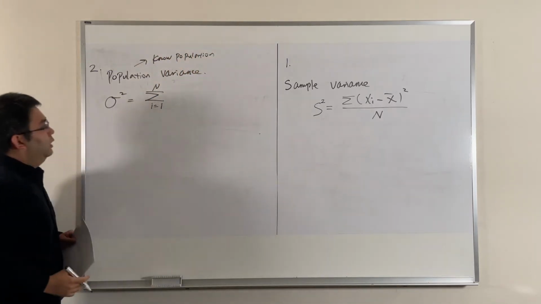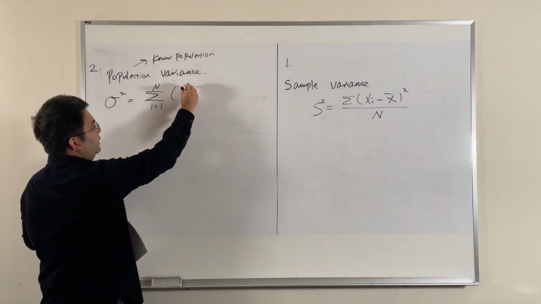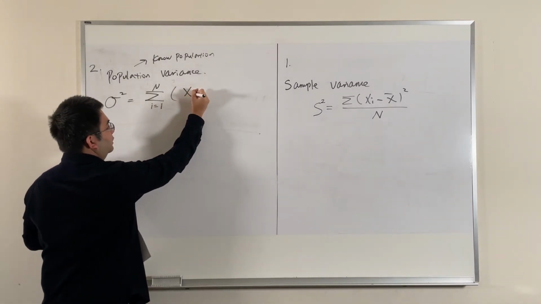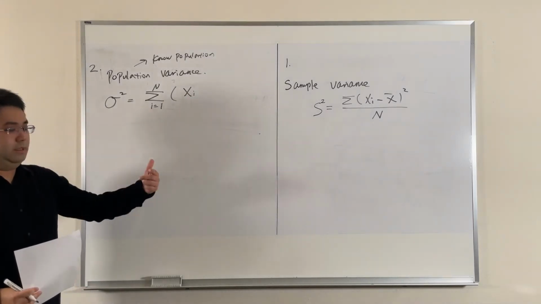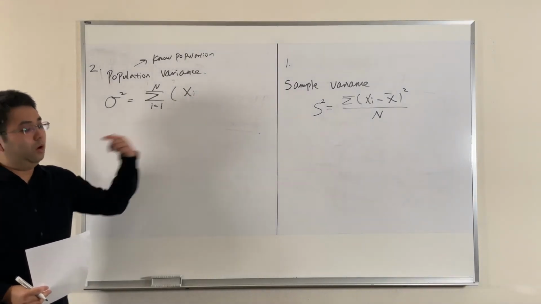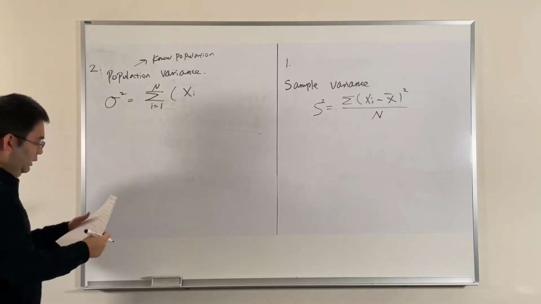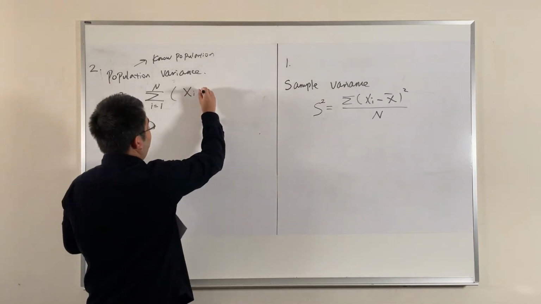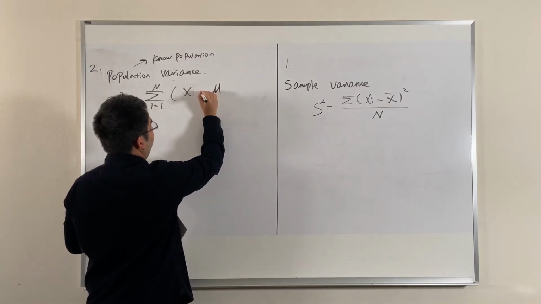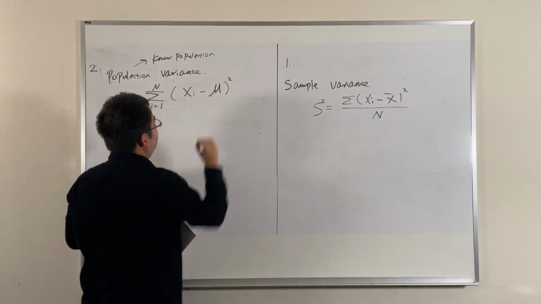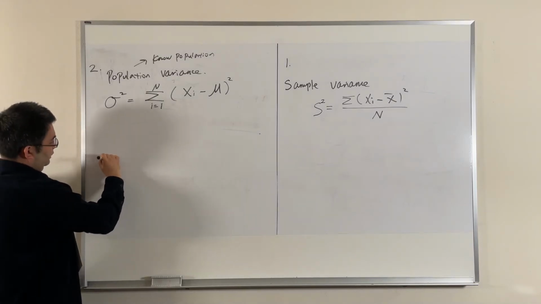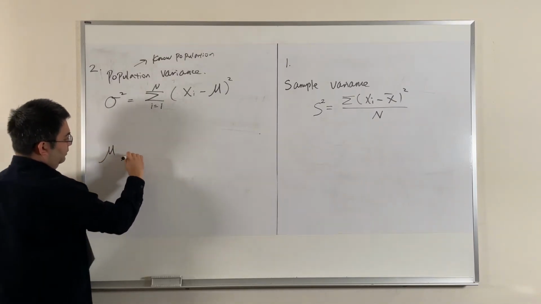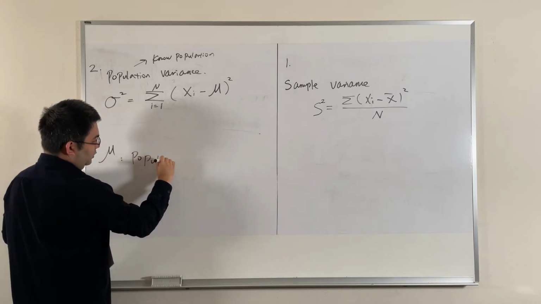Okay? And then we know each population data point, right? So xi still represents a data point, but we know all the data points in the population, and minus mu. Okay, and then squared. What's mu here? So mu is your population mean.